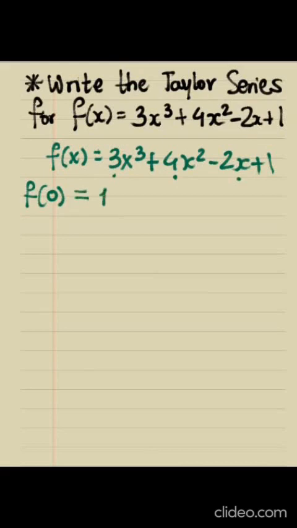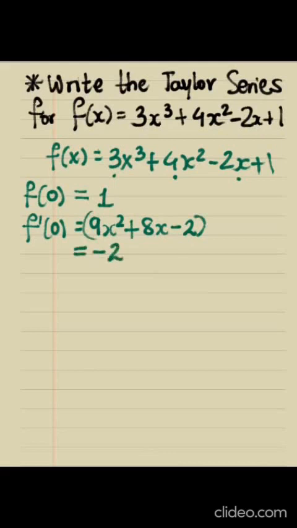So f of 0 is 1. Then we find f prime of 0, which is 9x squared plus 8x minus 2. Evaluated at x equal to 0, we get negative 2.